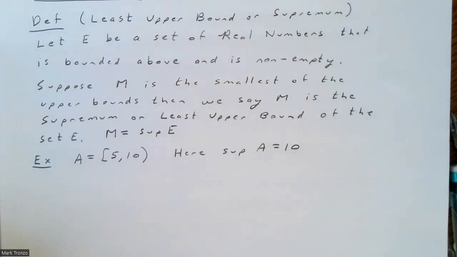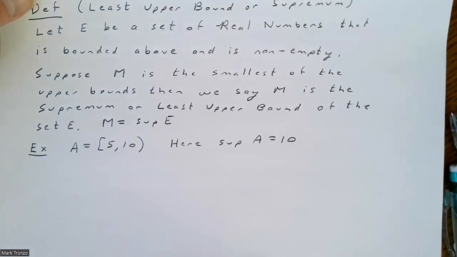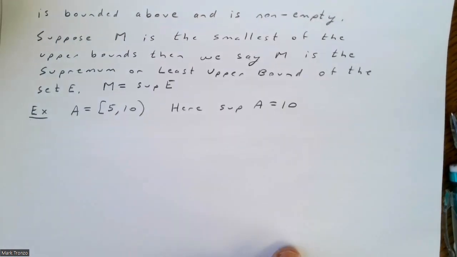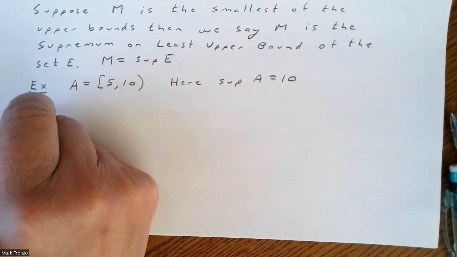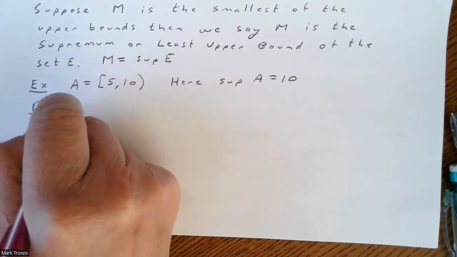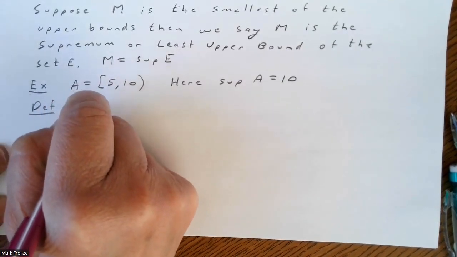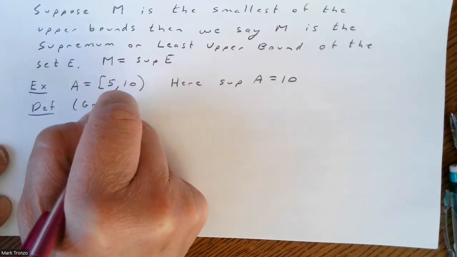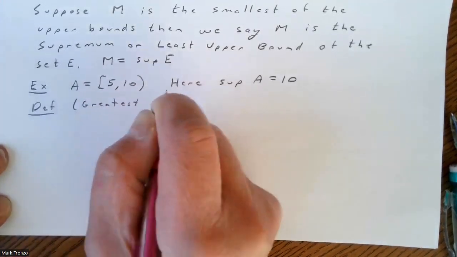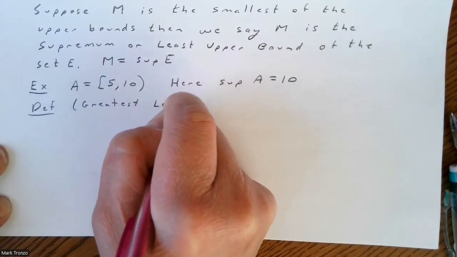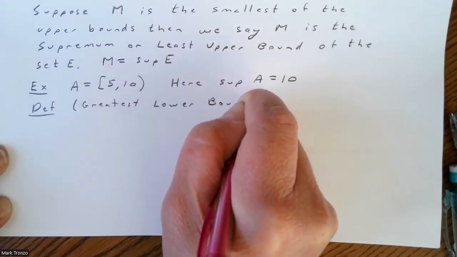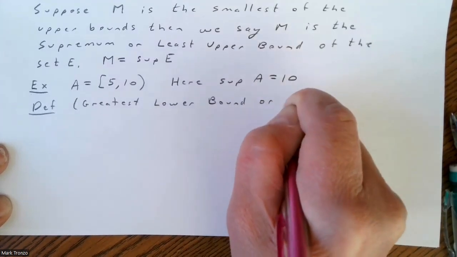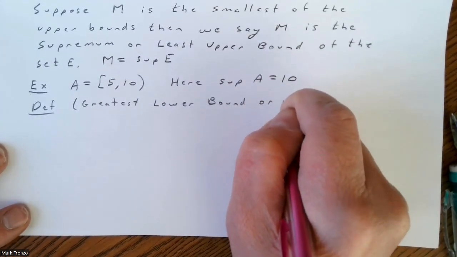And so let's go to the other definition. It's almost exactly the same thing, just the other way. So the other one would be the greatest lower bound, or the infimum.